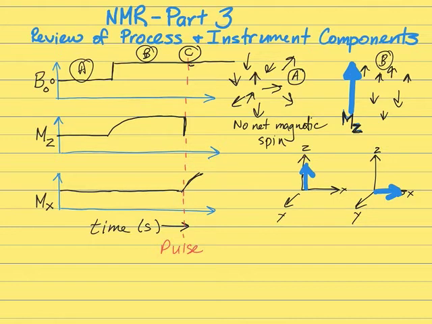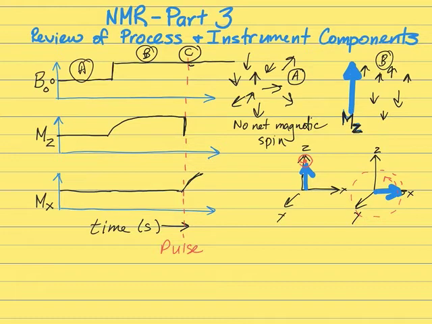And remember that this arrow is spinning. It's spinning around the z-axis. And when it's spinning around the z-axis and pointing at the z-axis, we don't really see anything. But when it tips and it continues to spin, now it spins in a much greater radius here as it spins around the z-axis, but in the xy plane.